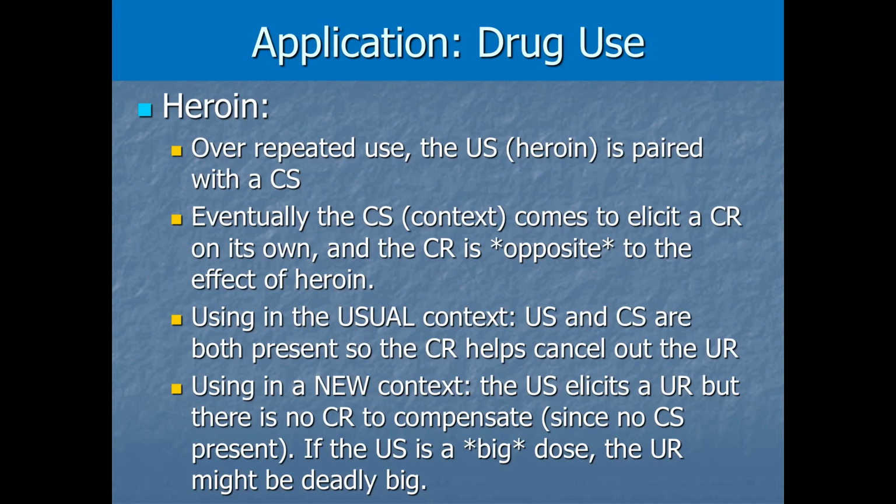Which means if the unconditioned stimulus of heroin is a really big dose, the unconditioned response might be deadly big. Someone who built tolerance doesn't necessarily have the same tolerance in all situations or contexts, and not realizing that has actually led to a lot of overdoses and deaths.